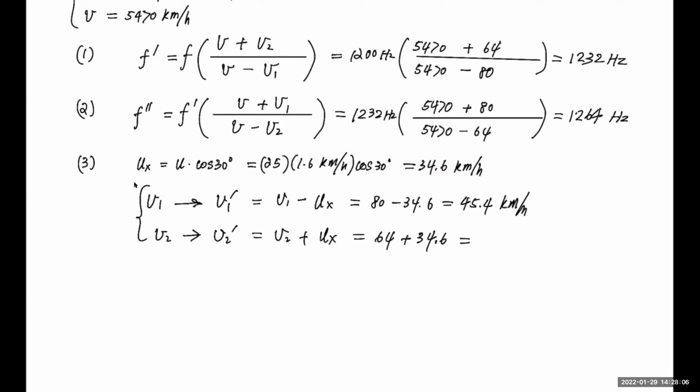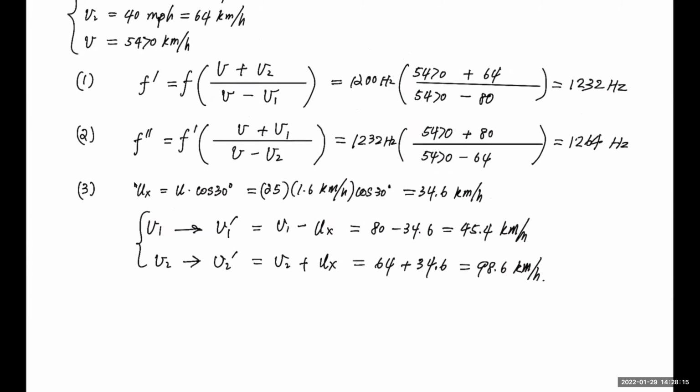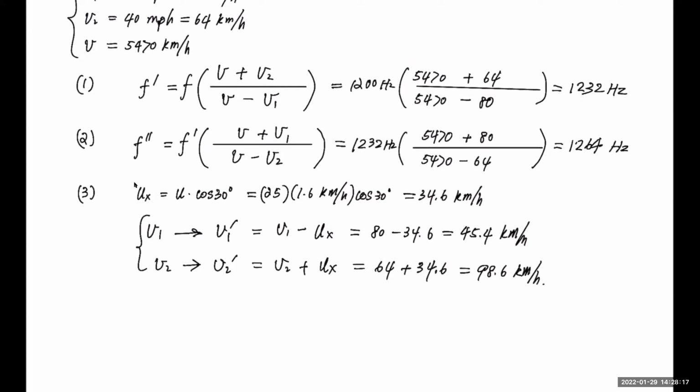Okay, and the answer for that is 98.6 kilometers per hour. Now you can use the formula that you've been using for part 1 and part 2. The only difference is that whenever you see v1 you should replace it by v1 prime, and whenever you see v2 you should replace it by v2 prime.